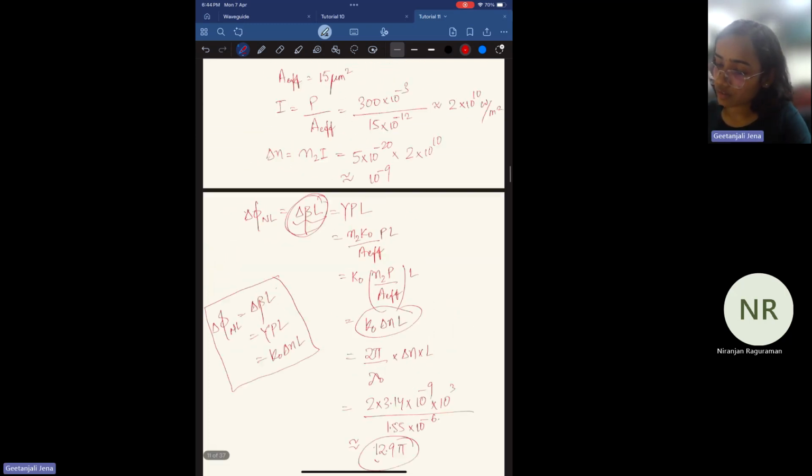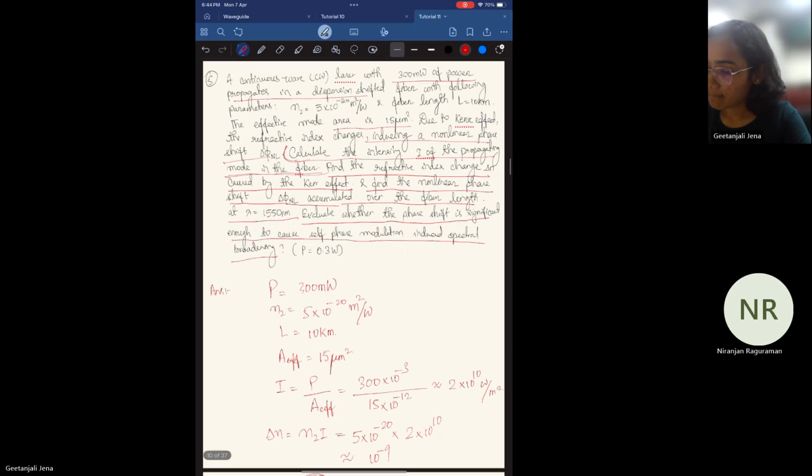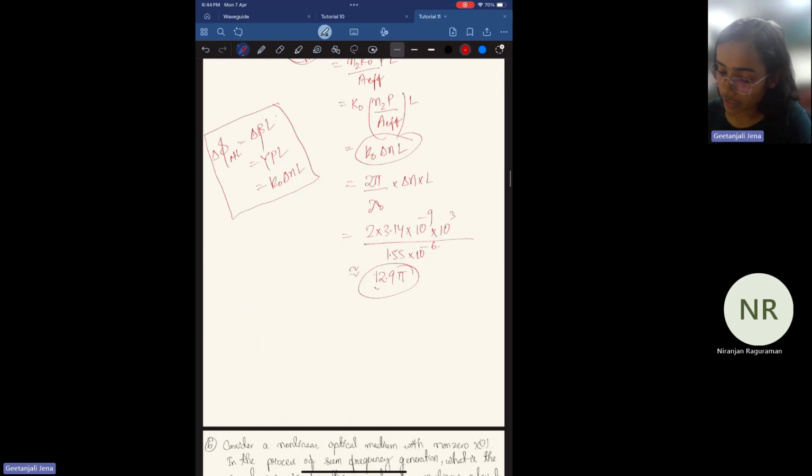In the last part, it was asking to evaluate whether the phase shift is significant enough to ensure the self phase modulation induced spectral broadening. For that, the condition is that this delta phi should be much greater than 1, so that the SPM based, the self phase modulation based broadening will be significant, right?